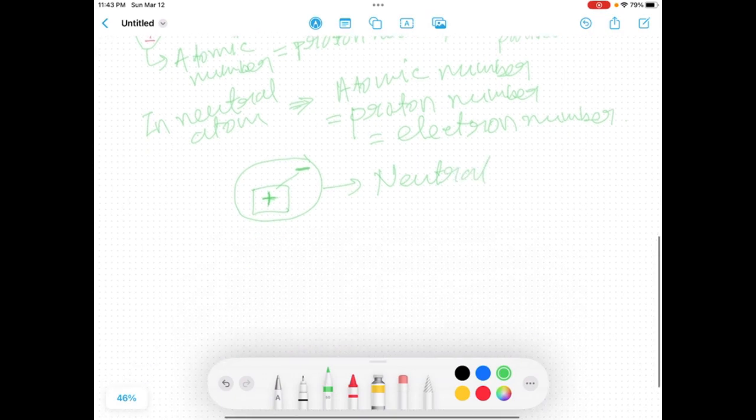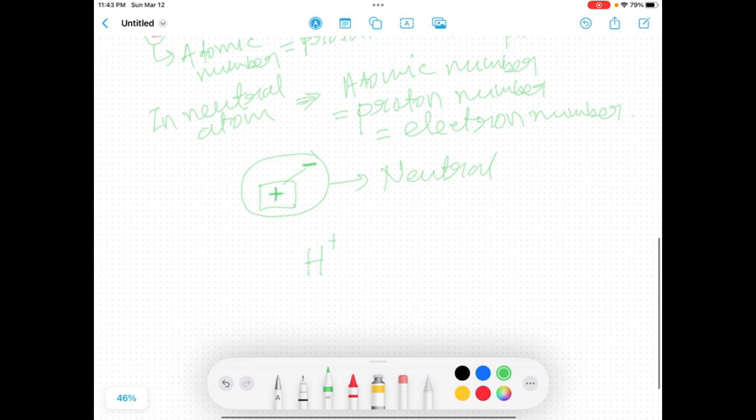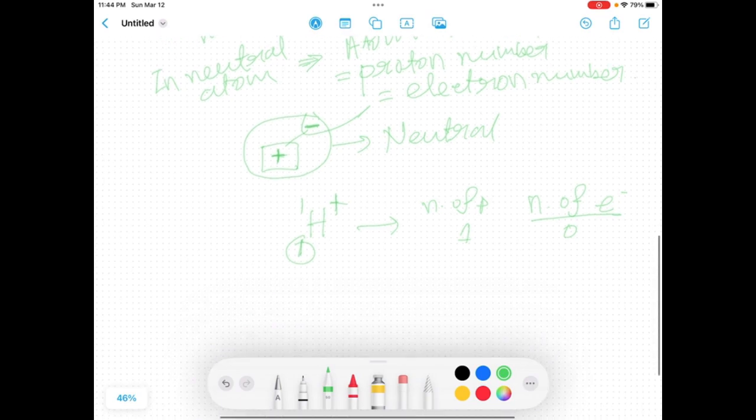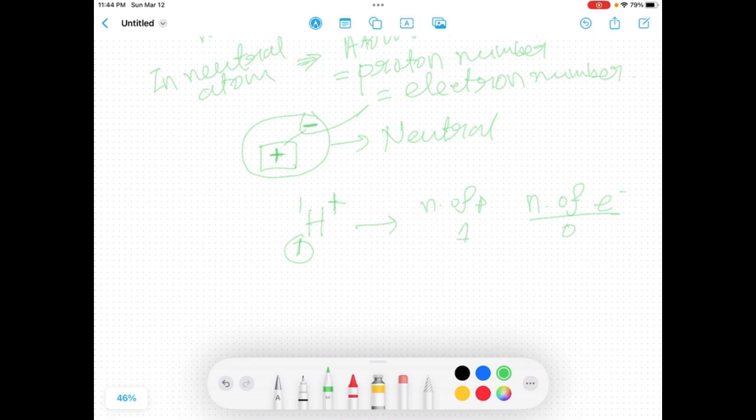Now if we say H plus 1, here you can say number of proton is 1, and number of electron, how many here? 0, because this positive means the electron is removed, and that's why the positive shows up. So number of electron is 0. And number of neutron, we'll come back to how to calculate.